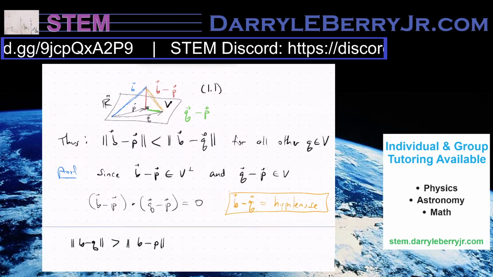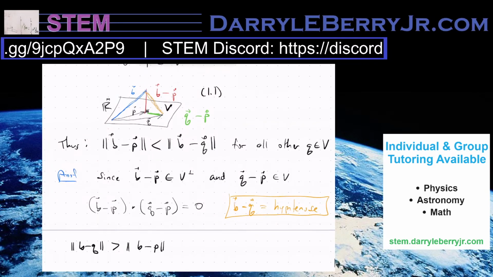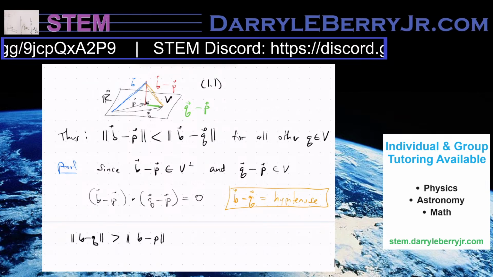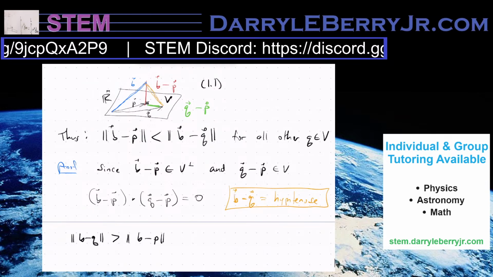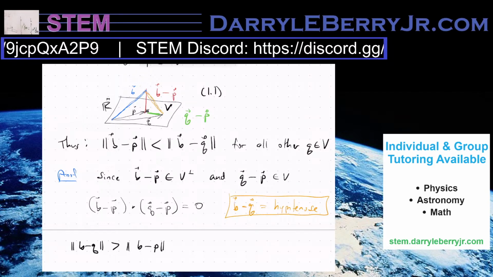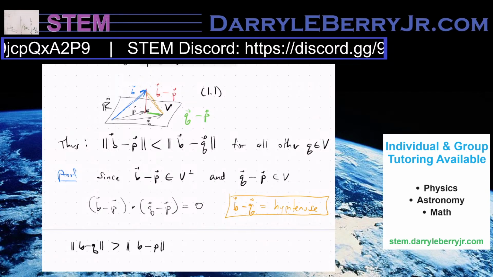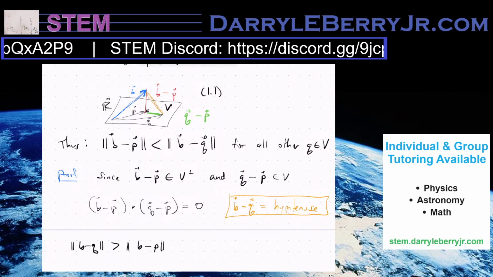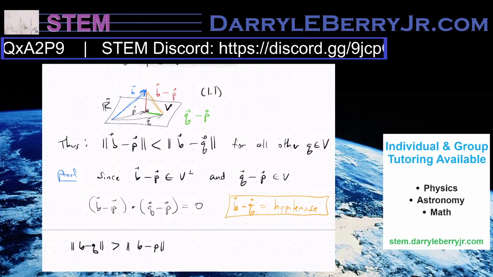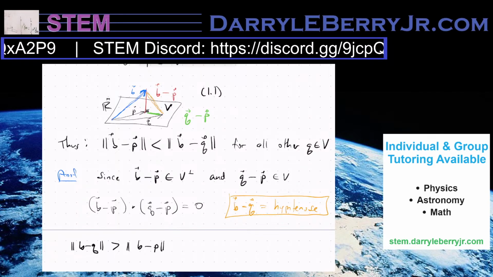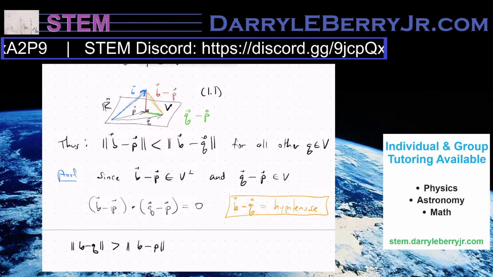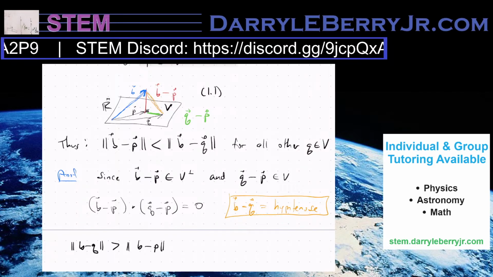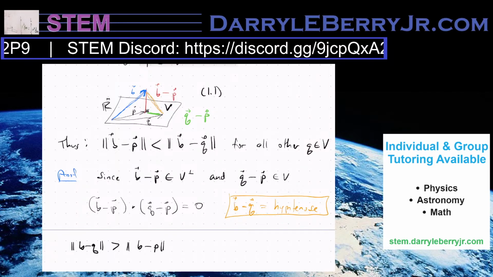So p is closer to b than every other point. Okay, that makes sense. So basically, we're just getting the orthogonal line from the space to B, which gives us the closest point from the space to B. And P ends at that point.